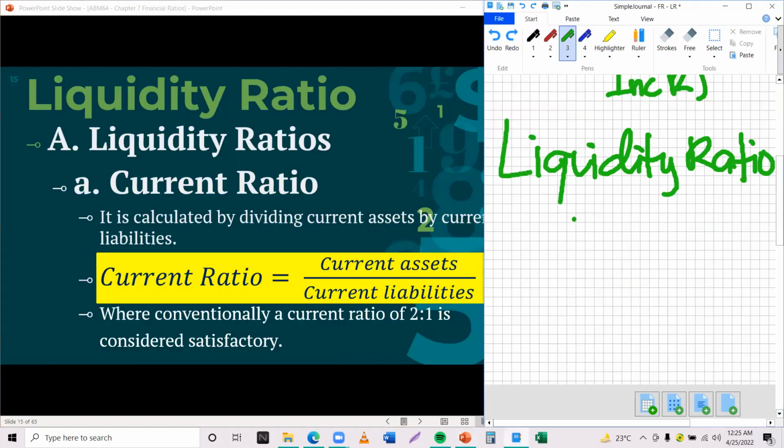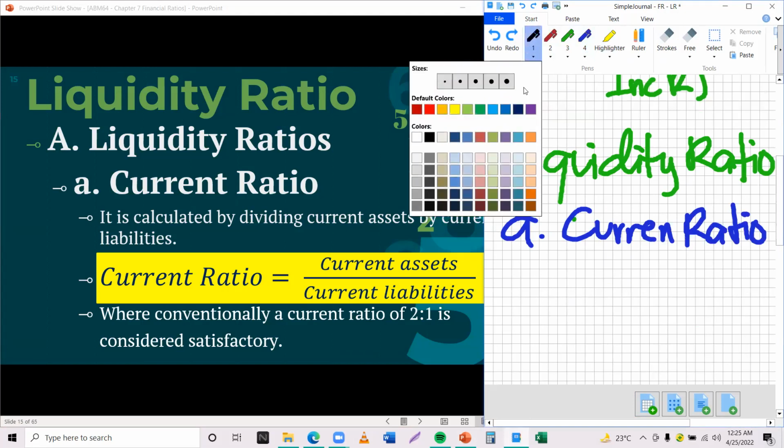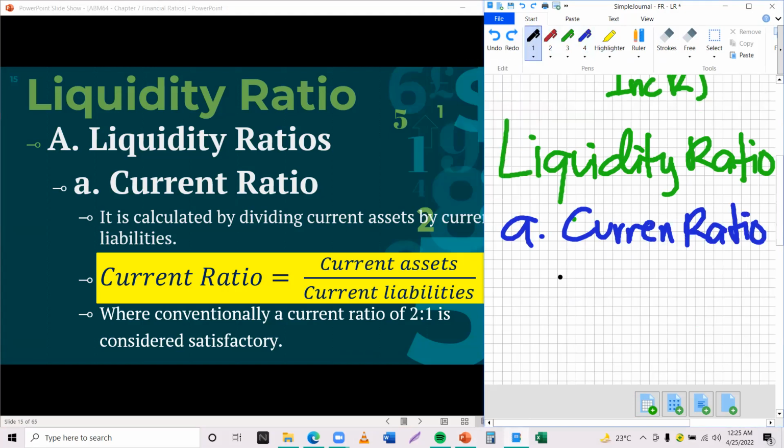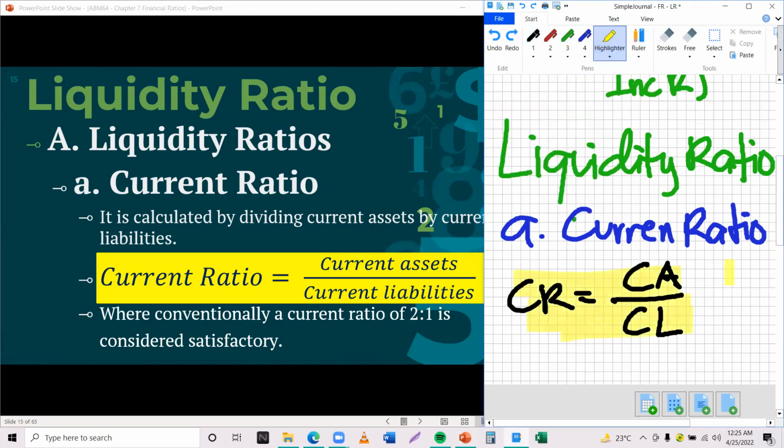A, we have the current ratio. Again, I hope you're taking notes. The formula is CR equals current assets over current liabilities.